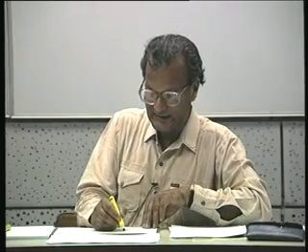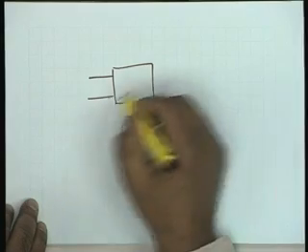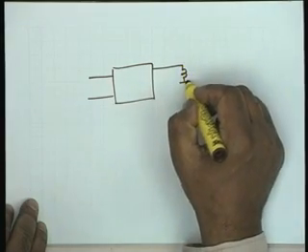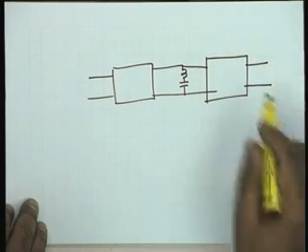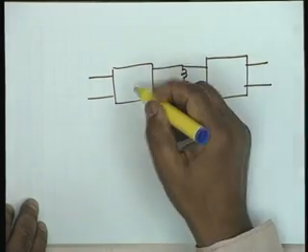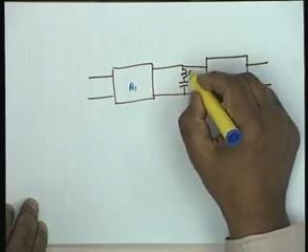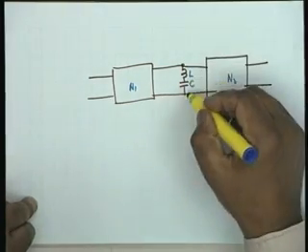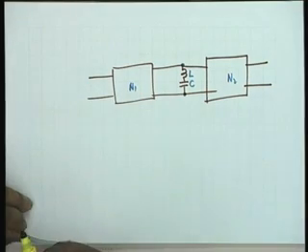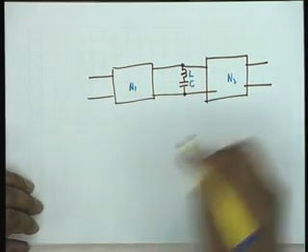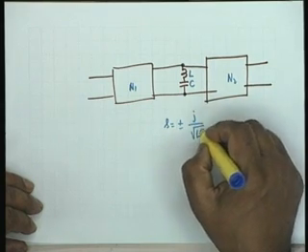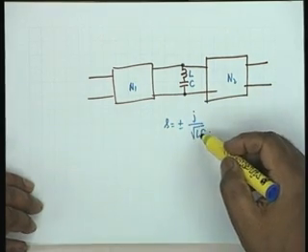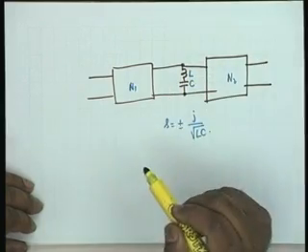Similarly, suppose a network N can be broken up into two sub-networks N1 and N2 connected by a shunt series resonant network, then obviously S equal to plus minus J by square root LC. At these two frequencies, this acts as a short circuit.